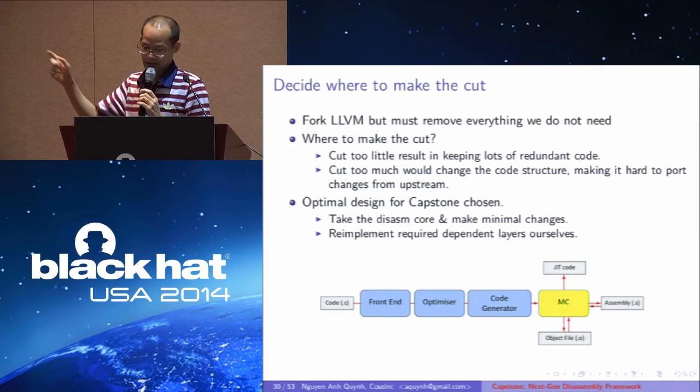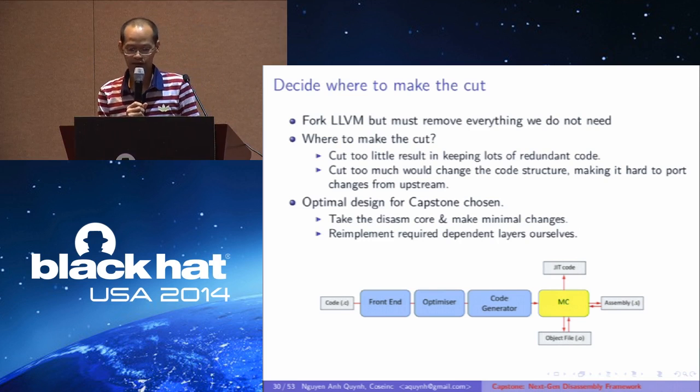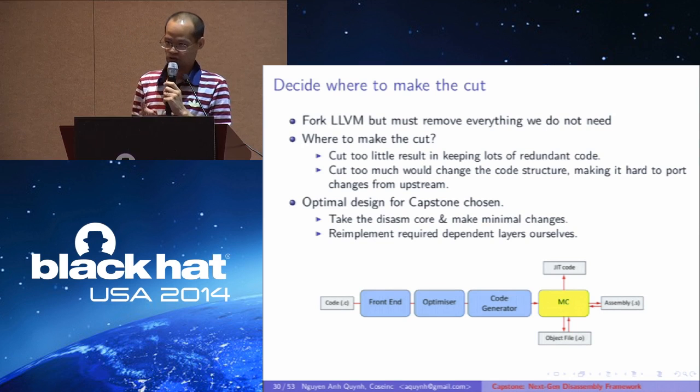So I decided to make a cut inside the yellow box. The question is that if you cut too little, you get a lot of redundant code, which you don't really need. Because there is a lot of code for compiler, for code generator, for assembler, for many other things we don't really need for this. So cutting too little is not good.